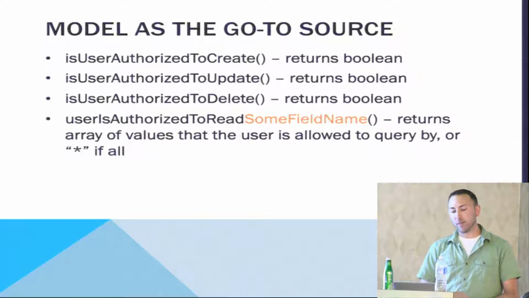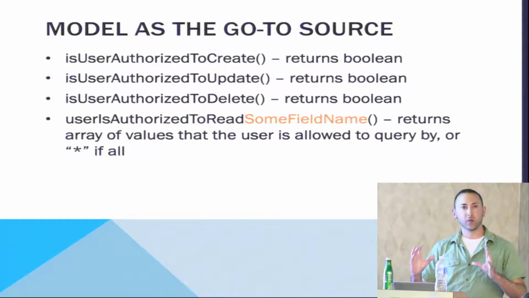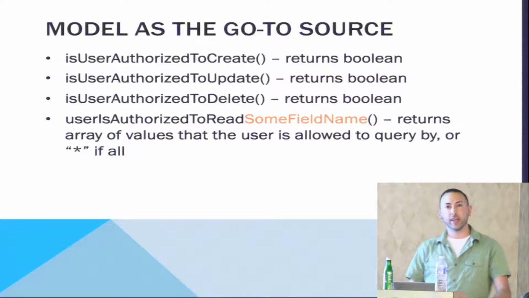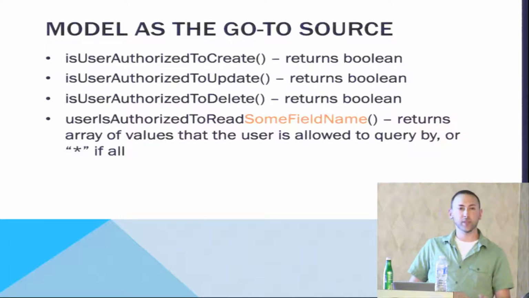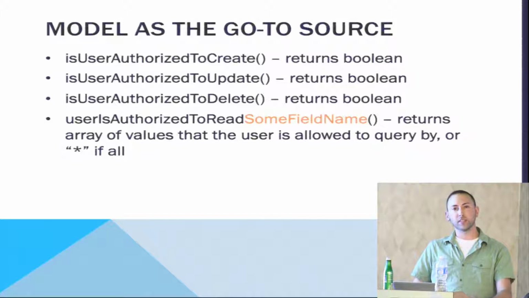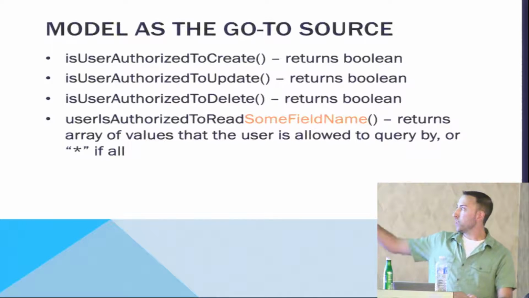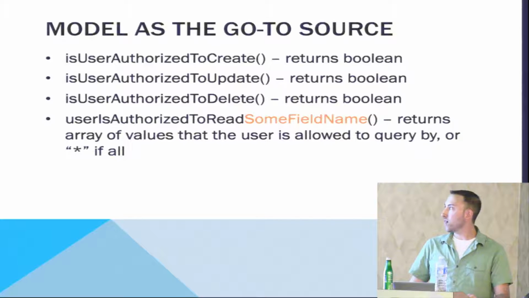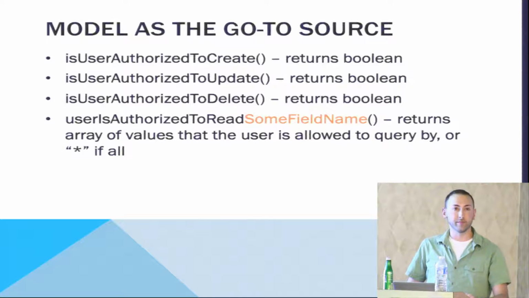So essentially what happens is, if I am doing a query on workspaces in WizeHive, and I say I want back workspaces where the ID is 2, 3, or 4, what we need to actually figure out is, that's great, but is the user allowed to view workspace 2, 3, and 4? So in the workspace model, there might be a method called user is authorized to read IDs. We're going to get a list of IDs that they are a member in.